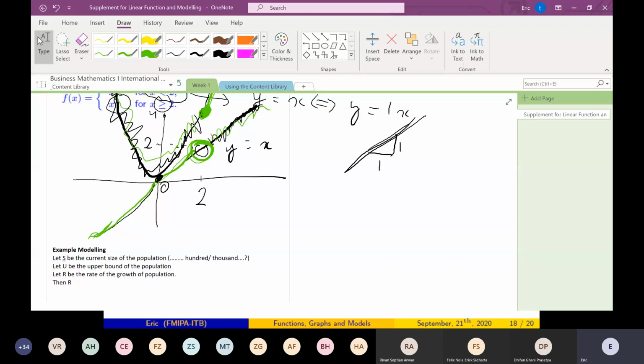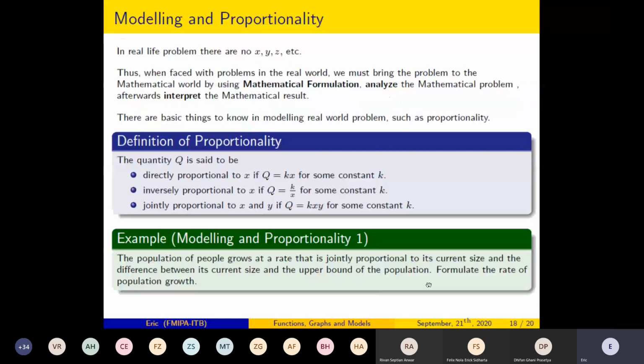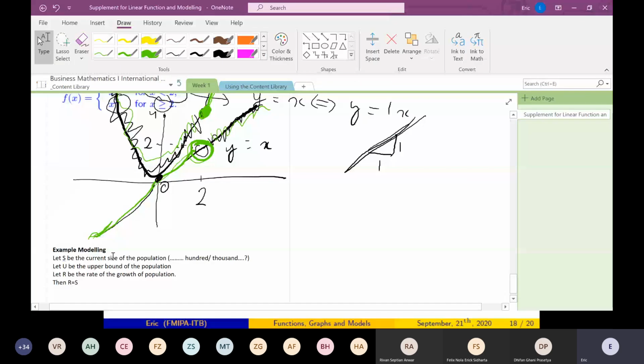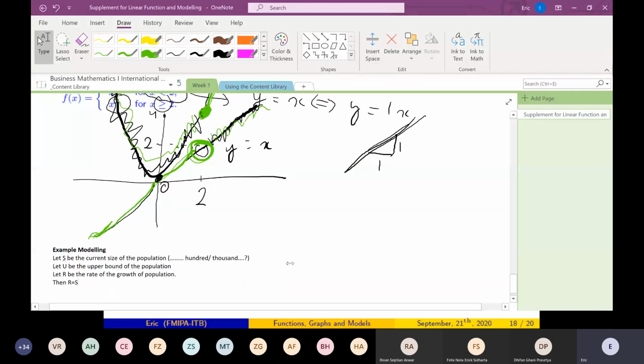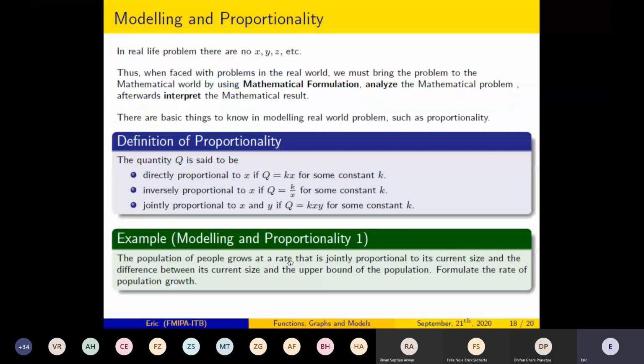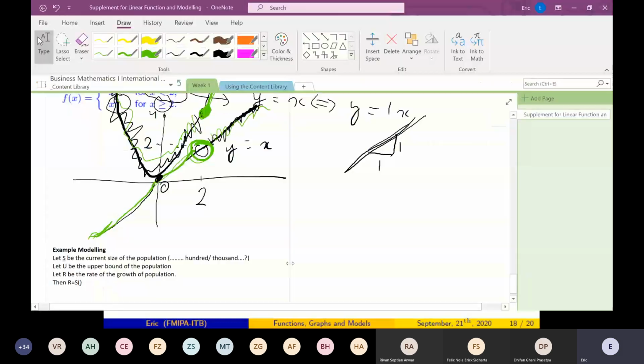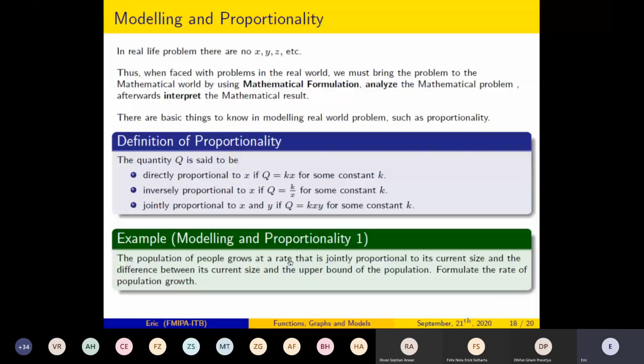Then R should be jointly proportional to its current size. Current size is S, and the difference between current size and the upper bound of population, S minus U.